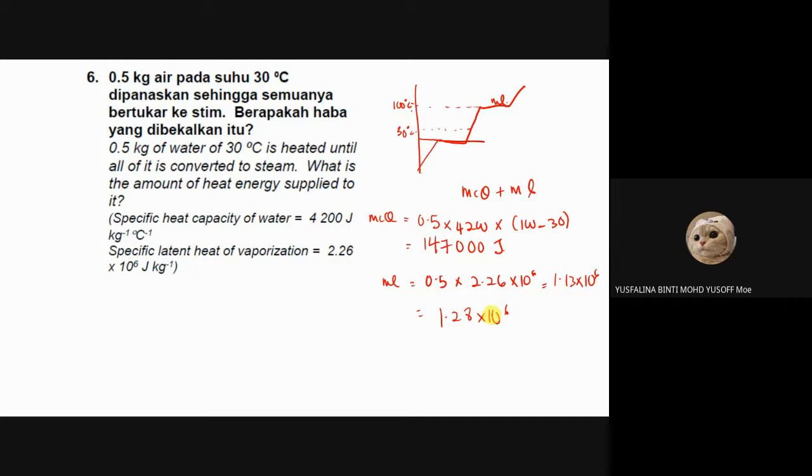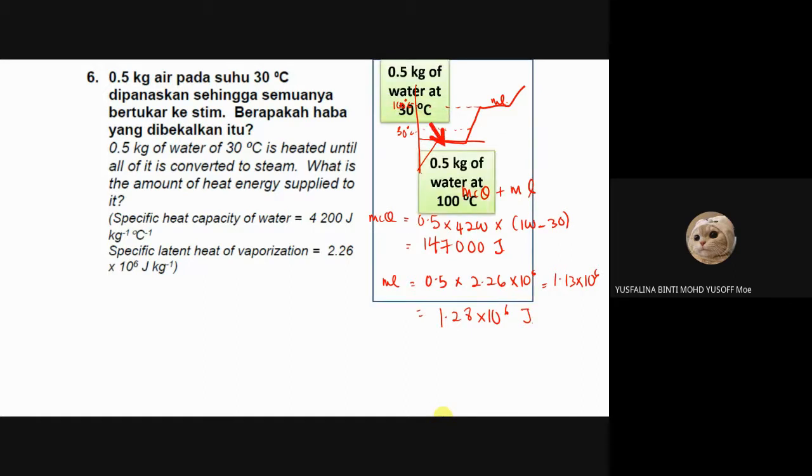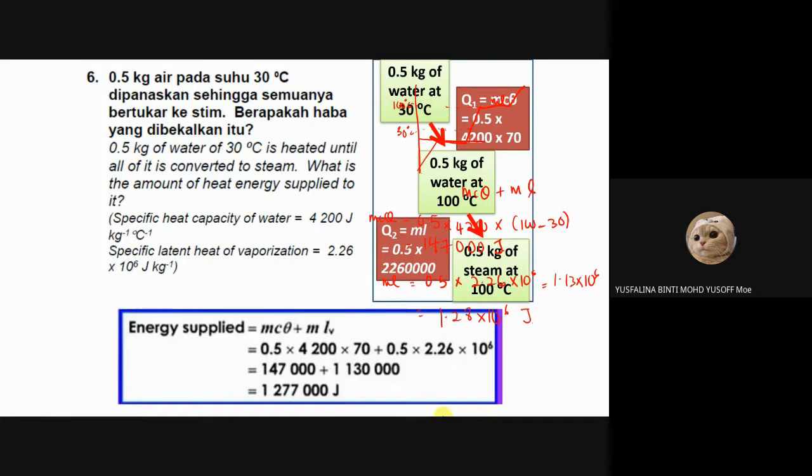Okay, so 1.28 times 10 to the power of 6 joule. So let's check whether the answer is correct. Okay, so yes. This one they give the answer in standard form. Okay, you can give the answer like this also.